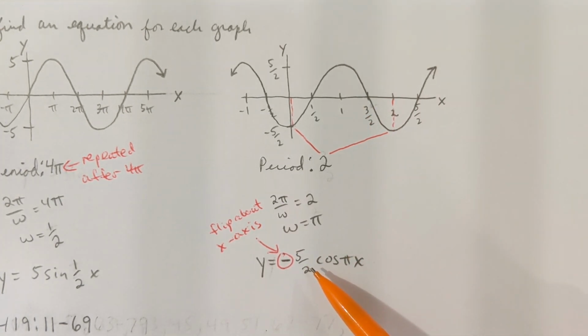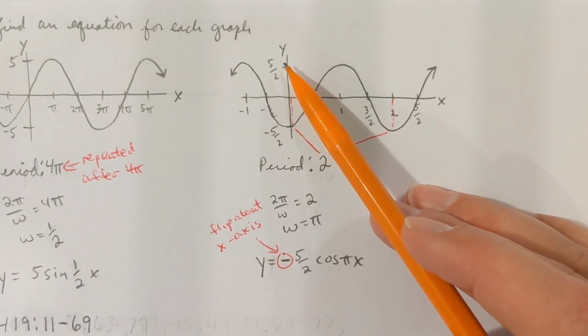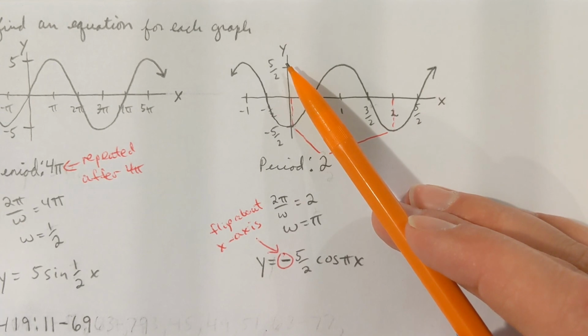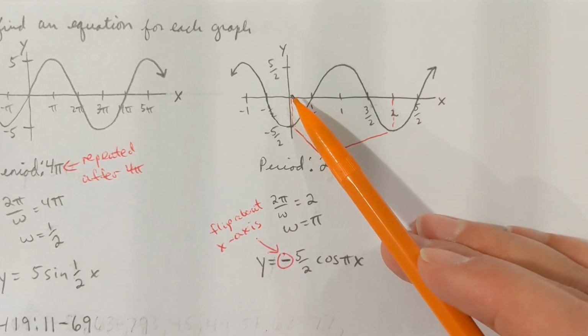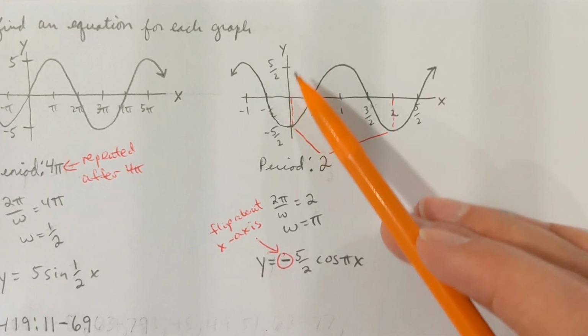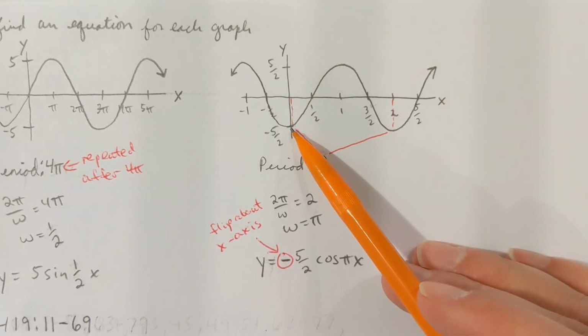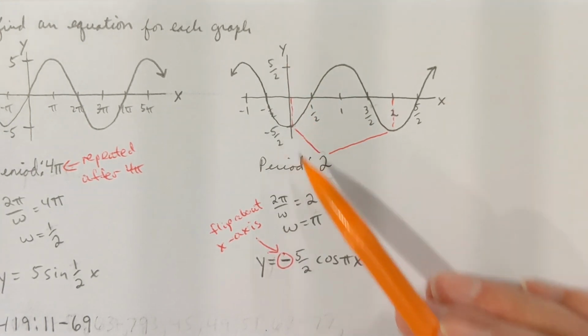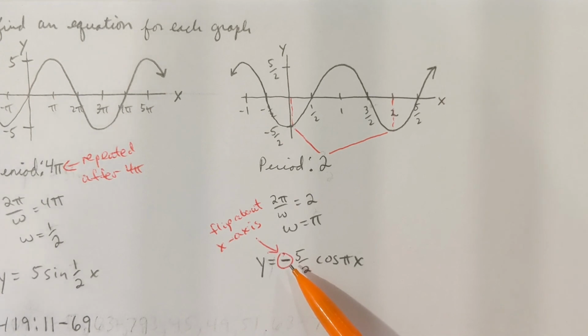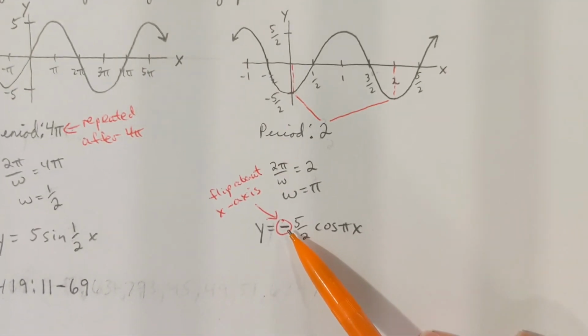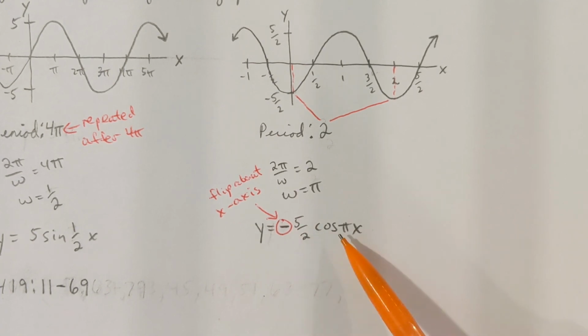On the graph of just y equal cosine x, 0, 1 is my y-intercept. Notice how this graph is not starting at 0, 5/2, but 0, -5/2. So we would want to indicate that we had a reflection about the x-axis. Therefore, -5/2 is the multiplier that we'll want in front of the cosine function.